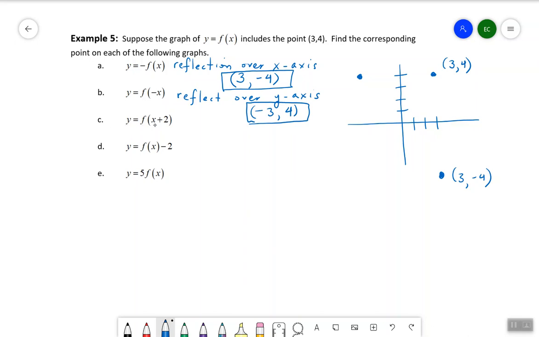Part C, f of x plus 2. This is addition inside the basic function. Inside the basic function, plus 2 means to shift to the left 2 units. So here, let's change color pen just to keep track of this. 3, 4 is going to shift to the left 2 units, and so now the new point is at 1, 4.